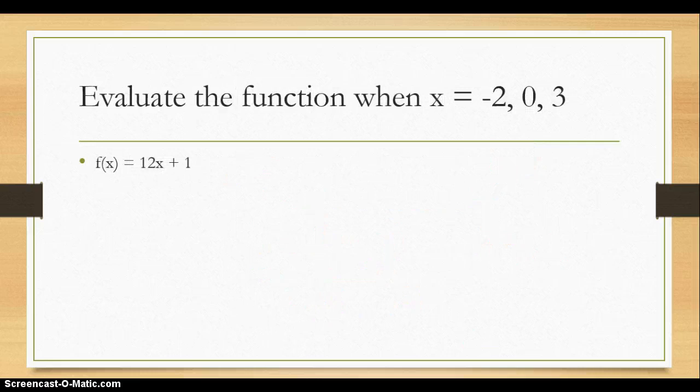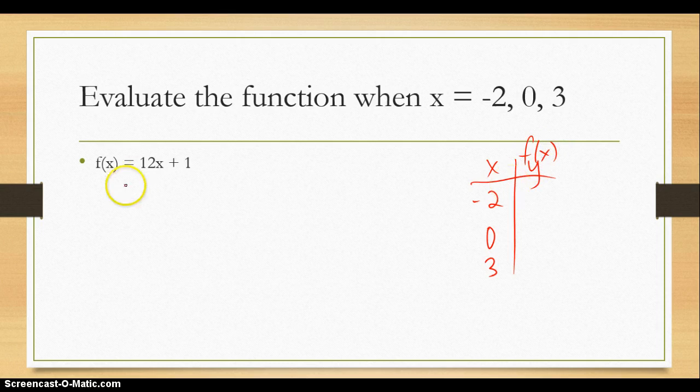So evaluate the function when x equals negative 2, 0, and 3. So here, let's try to make our table, and we've got to find our y, or our f of x. So we know that 12 times negative 2 plus 1 equals negative 24 plus 1, which equals negative 23.